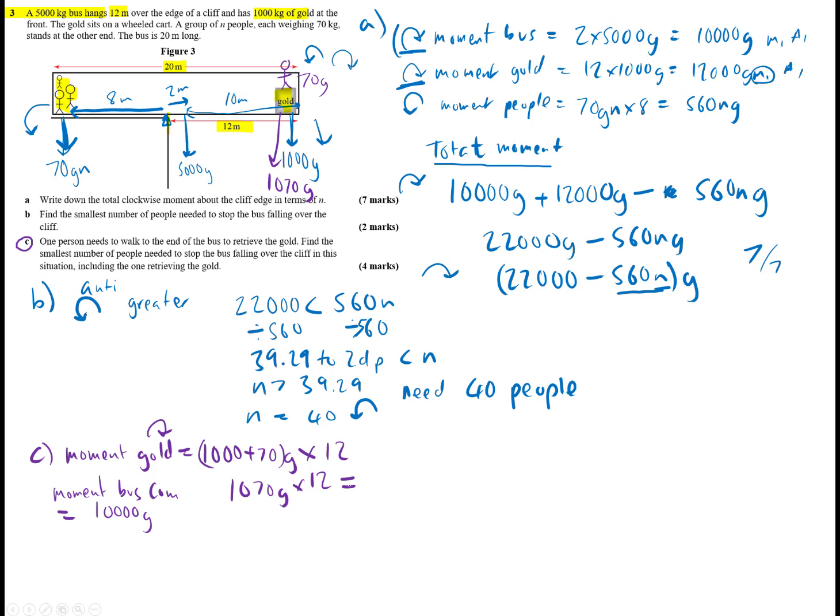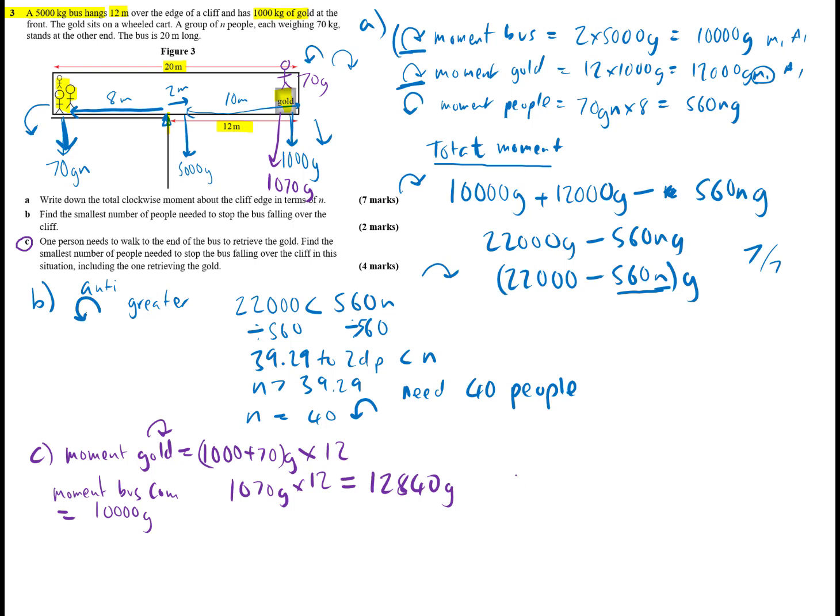Now just checking what that equals, 12 times 1070 is 12,840g. The moment from the people is going to be the same, because we don't know the amount of people.